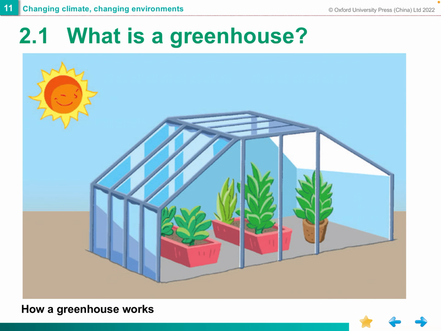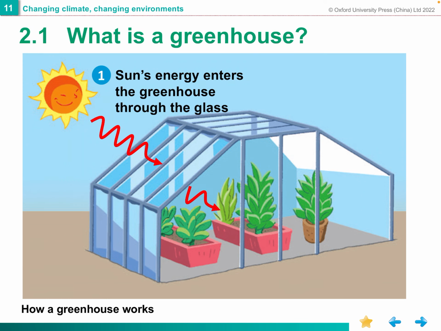Let's have a look at the greenhouse. I use a cartoon here. This is a greenhouse, this is a plant inside, and we have sunlight. The heat energy is from the sun.